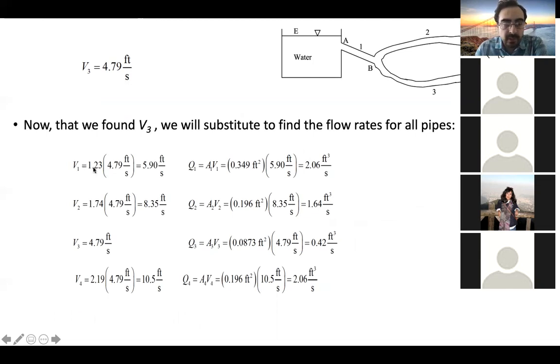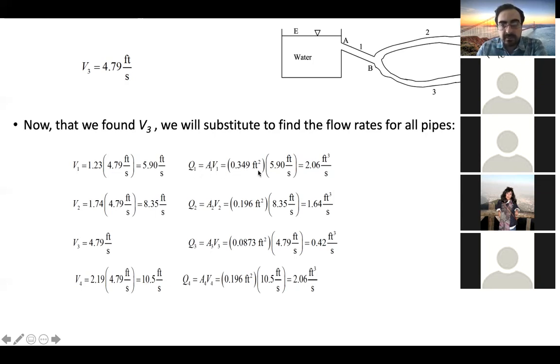So V1 is 1.23 V3, so it's going to be 5.9 foot per second. V2 is 1.74 V3, which will be 8.35 foot per second. And V4 is 2.19 V3, so it will be 10.5 foot per second. Now that we have all the velocities, we can find the flow rates by the formula A times V. We have already calculated the areas at the beginning of the problem.